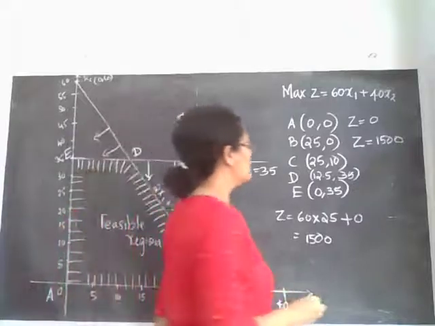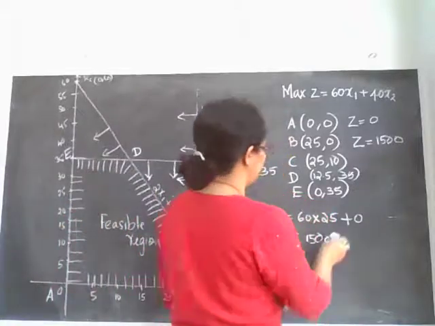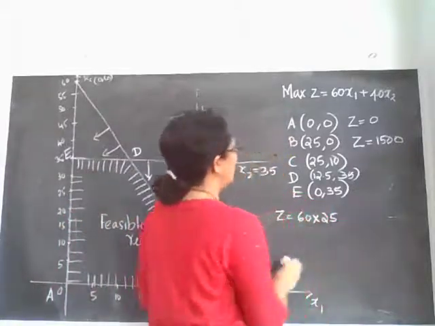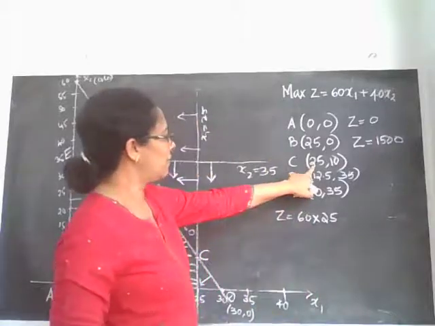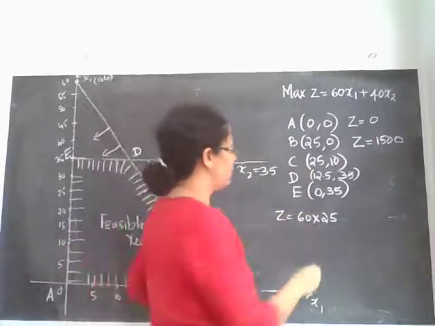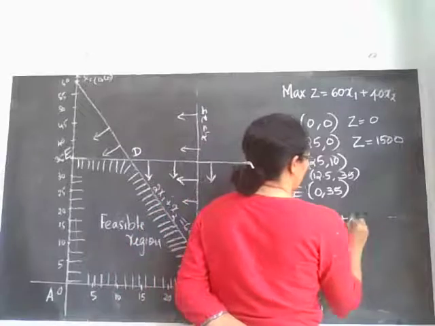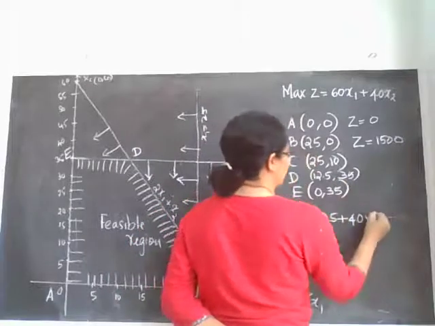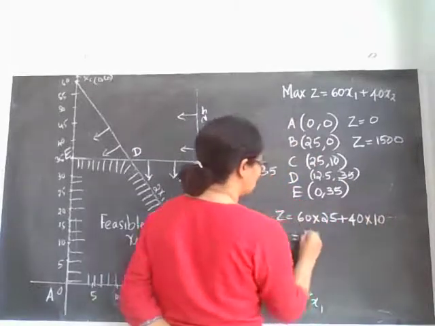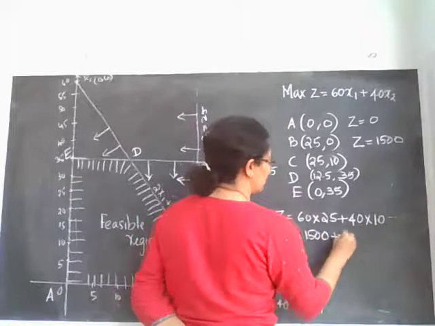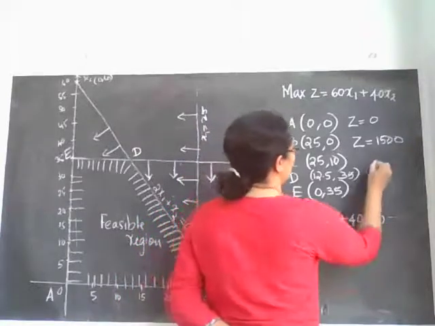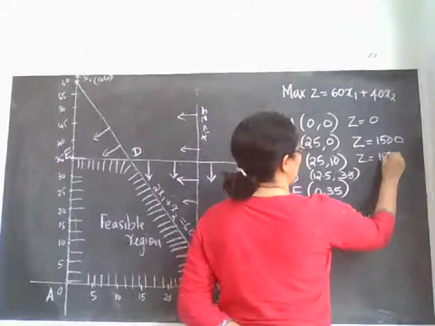Then at C, you have 60 into 25 plus 40 into 10. So you have 1500 plus 400, which gives Z equal to 1900.